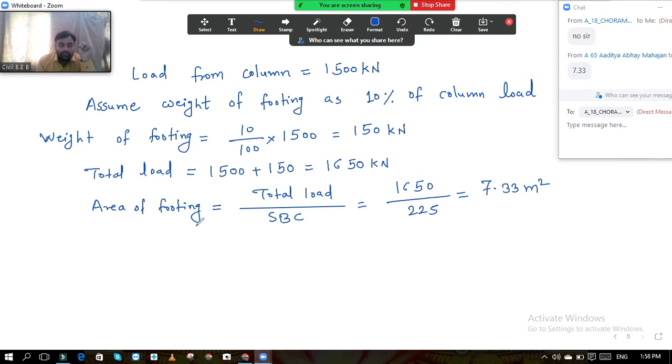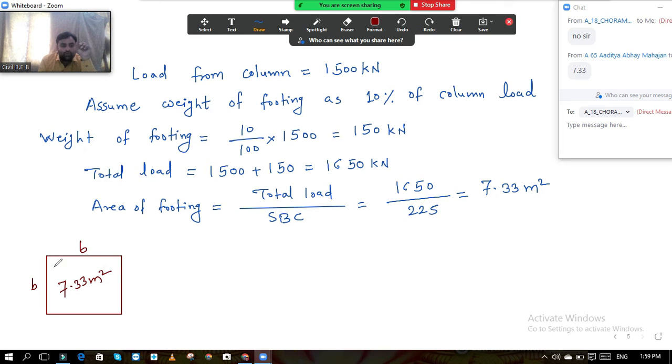So area of the footing means this is the area of the square footing. Suppose now if this dimension is B, this should be also B. And what is this total area? It is 7.33 meter square.